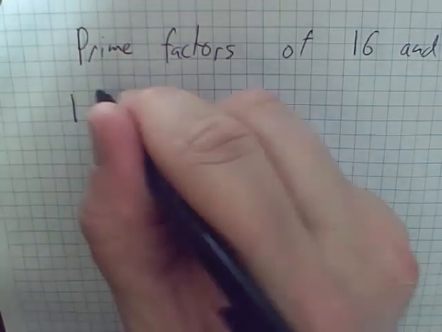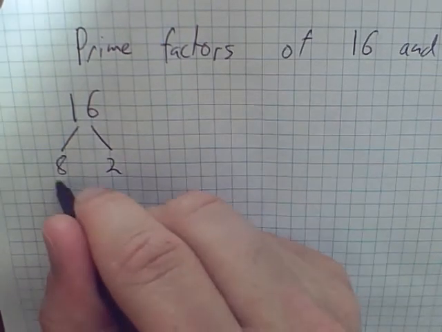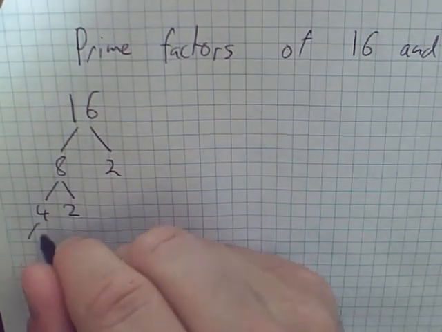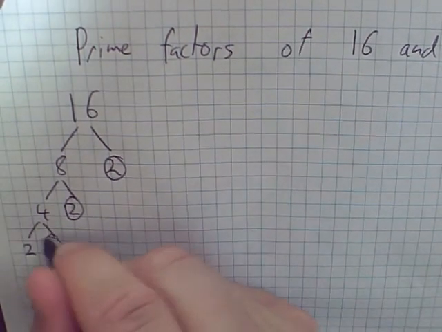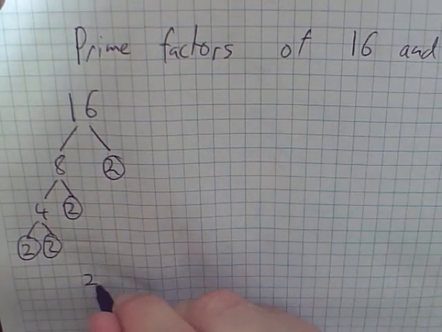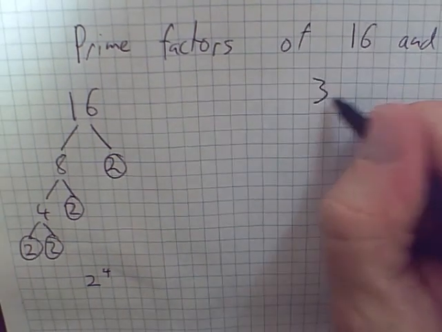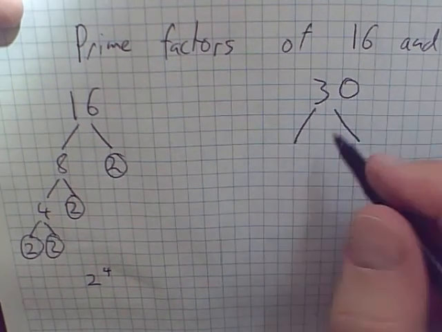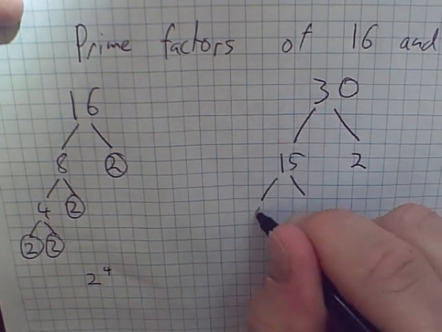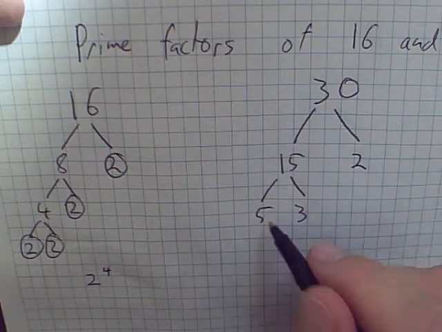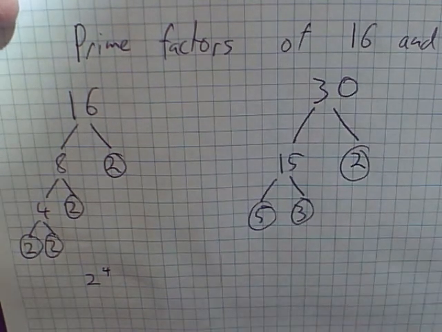Prime factors of 16: 16 is 8 times 2, and 8 is 4 times 2, and 4 is 2 times 2. So 16 is 2 to the power of 4. And for 30, if I break this down into 15 and 2, and break that 15 into 5 and 3, then I've got my prime factors of 30: 5 times 3 times 2.